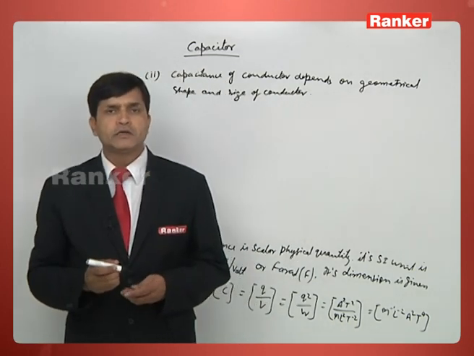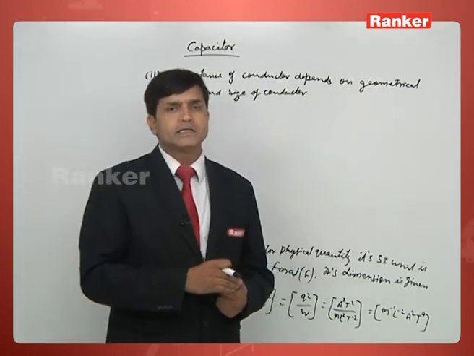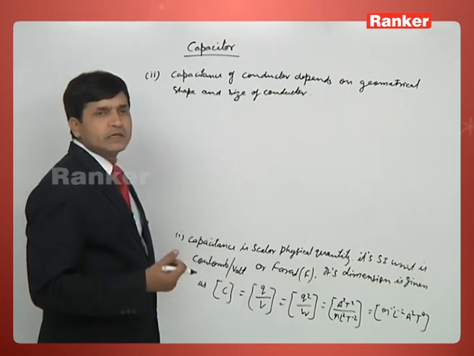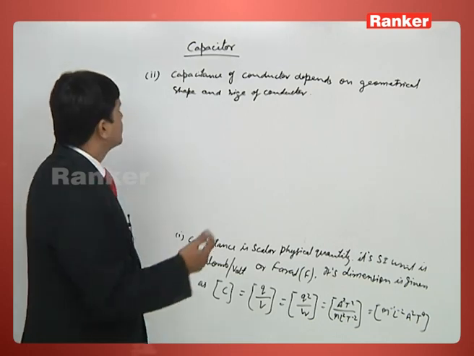Normally it has been found that the bigger the conductor, the more its capacitance, and it also depends on which type of shape the conductor has.